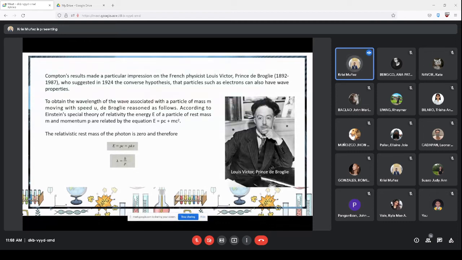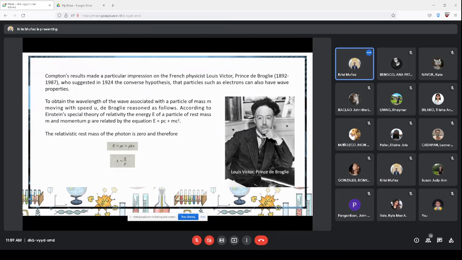He said, according to the special theory of relativity by Einstein, energy, class, could be equated to the momentum and the speed of light. Tama ba? So we have E is equal to pc. Also, according to the special relativity of Einstein, energy could also be related to the speed of light and the mass.